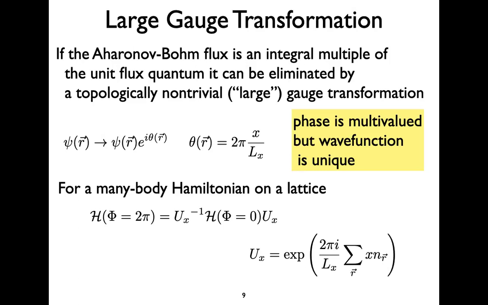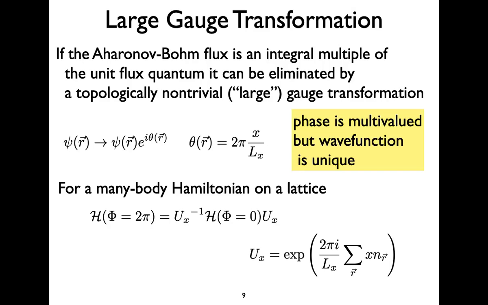And in fact, in our problem, this colored region is topologically non-trivial, so annulus or torus. And the corresponding gauge transformation is also topologically non-trivial. So the answer is that the Hamiltonian at 2 pi flux is the gauge transformation of the Hamiltonian at 0 flux. And we can even write down the gauge transformation operator explicitly.